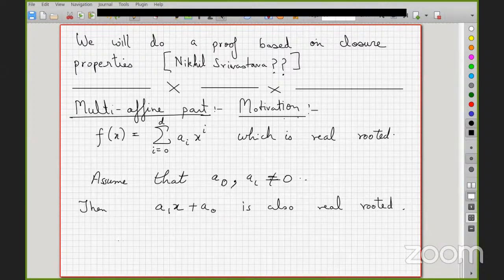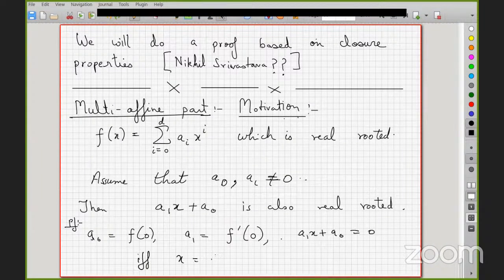What is exactly this? The point is that a0 is exactly f(0), a1 is exactly f'(0), and so a1x plus a0 is equal to 0 if and only if x is equal to minus a0 by a1, which is just minus 1 over f'(0) over f(0).